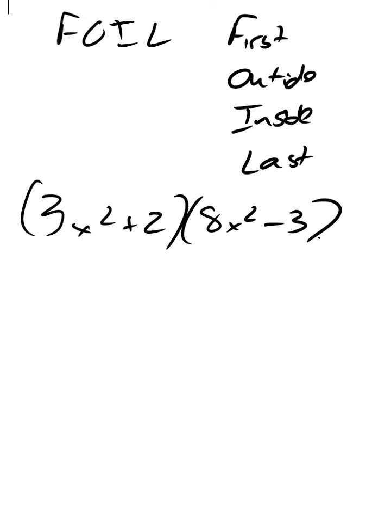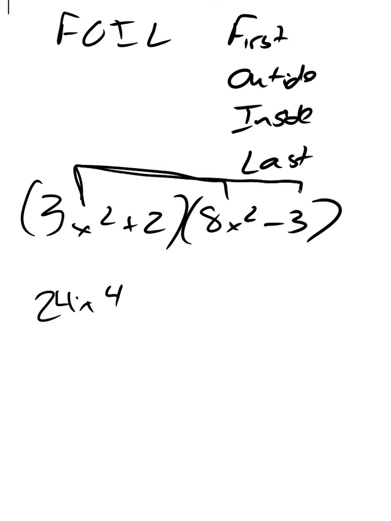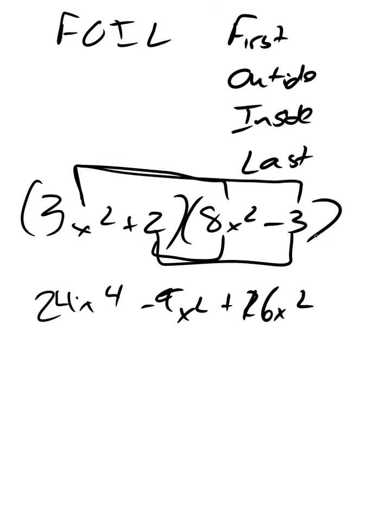To multiply these, you multiply the first ones. So we have 24x to the 4th. Then we multiply the outside, so 3x squared times negative 3 is minus 9x squared. Then inside, we take these two, plus 2 times 8x squared is 16x squared, then the last ones.